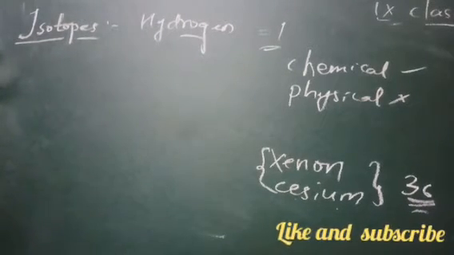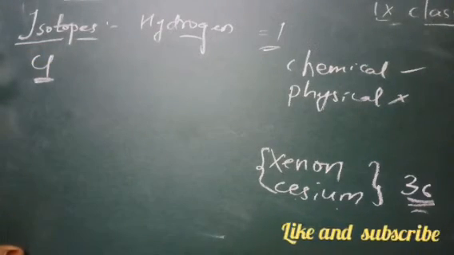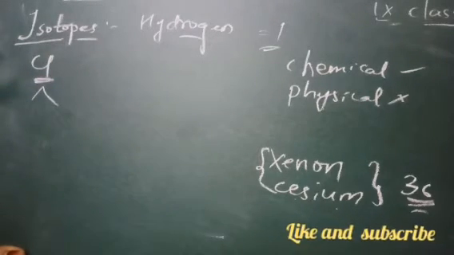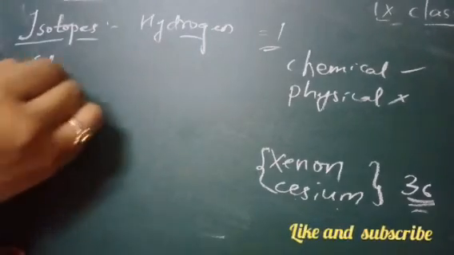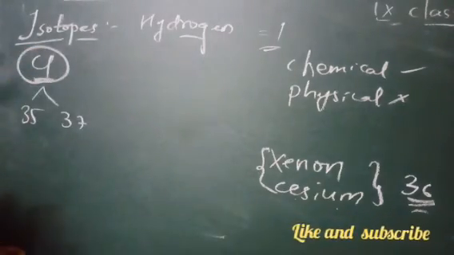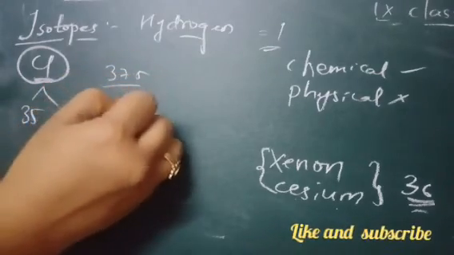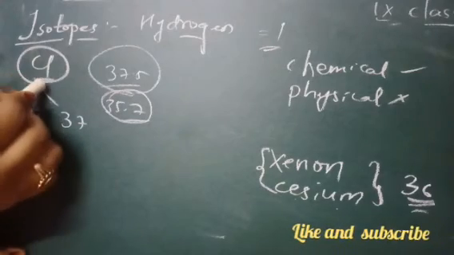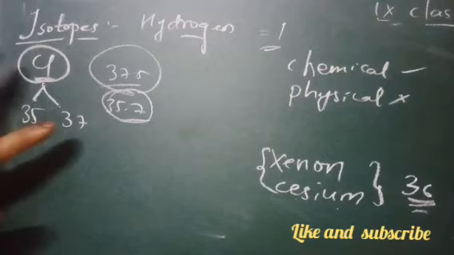One more important thing: if you consider the isotopes of chlorine, it occurs in nature in two isotopic forms, with masses of 35 units and 37 units, because the mass of chlorine is not a whole number. It is sometimes said to be 35.5.